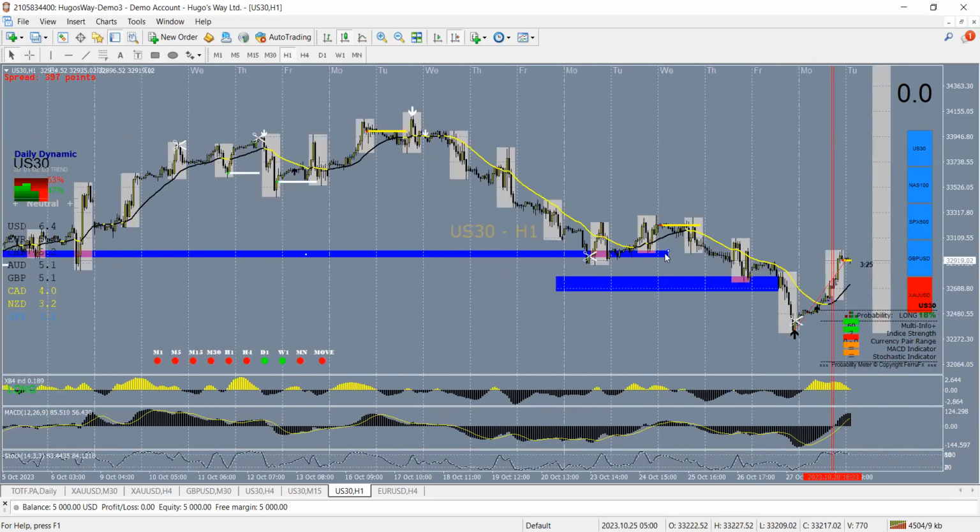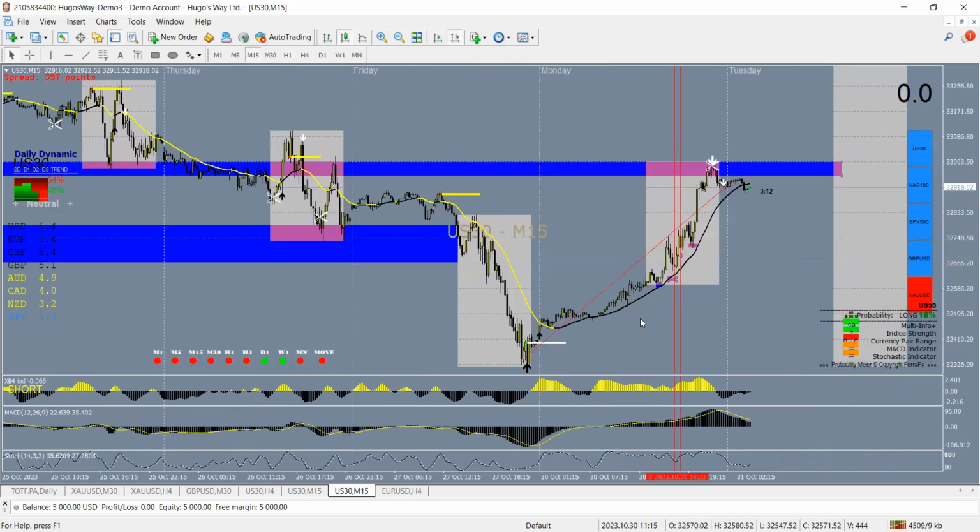So maybe once we get above this level and start respecting this level, then we'll be bullish. But until then, we're still bearish. We're just in a pullback that was easily tradable to the upside because of this phase in the market, guys.